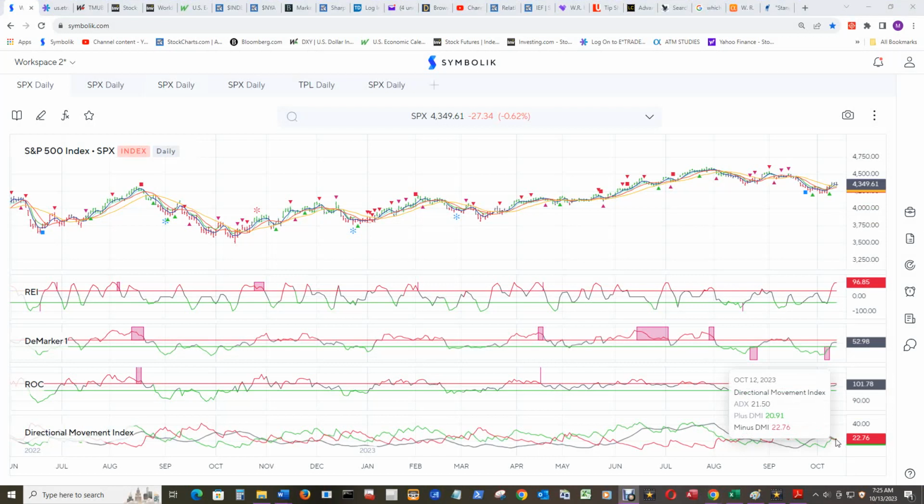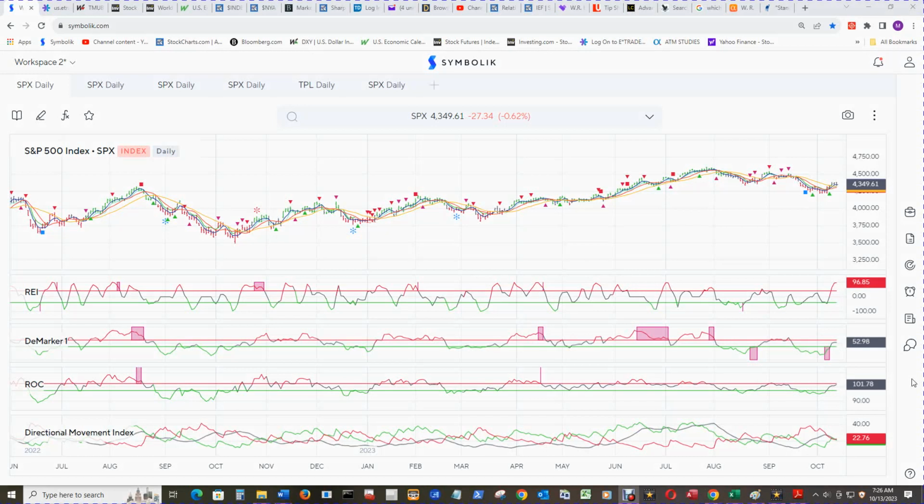And the DMI plus is still above the DMI minus. ROC 1 is still well above its oversold line, trying to punch through the overbought. And DM1 had its buy signal on the 9th, and it's kind of planing out here, but still well into its zone here before getting above overbought.